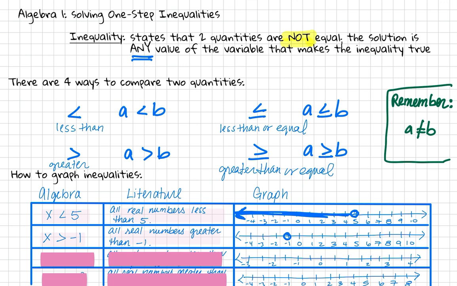And you'd mark it with an open circle, and then you'd draw to everything that's greater than -1. Now, what if you had x is less than or equal to 1/2? Written down, it's all real numbers less than or equal to 1/2. To graph it out, you would go to where 1/2 is on the number line right here.